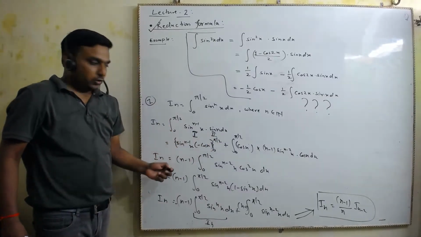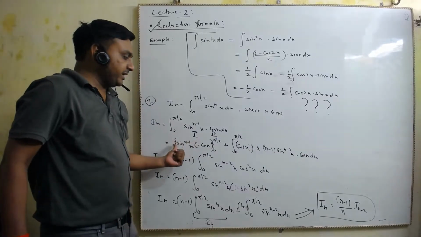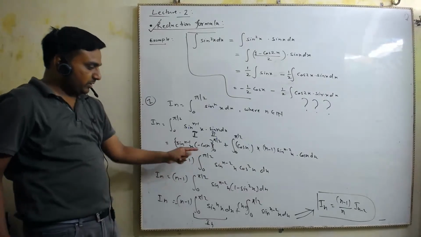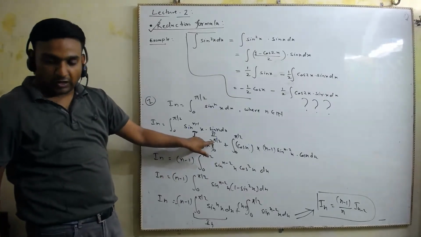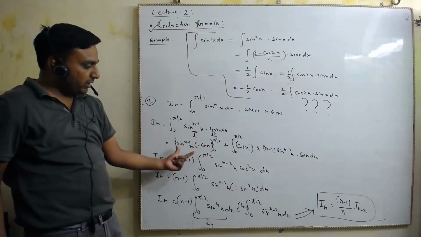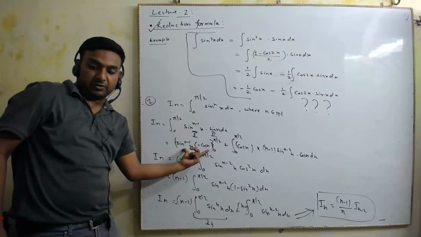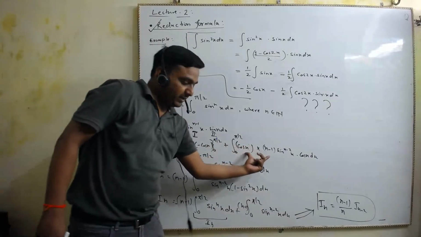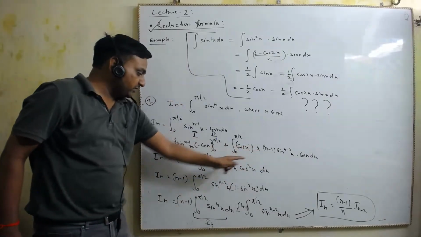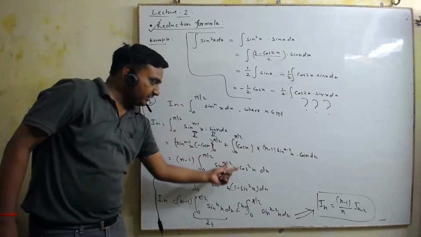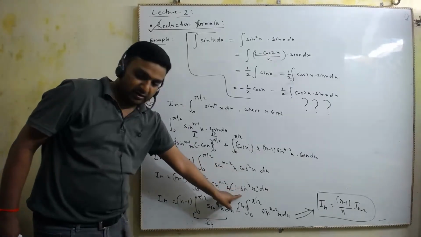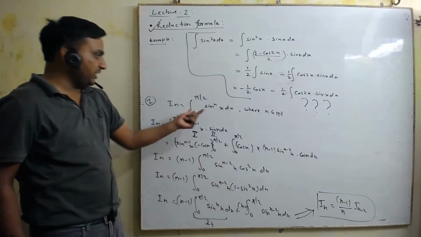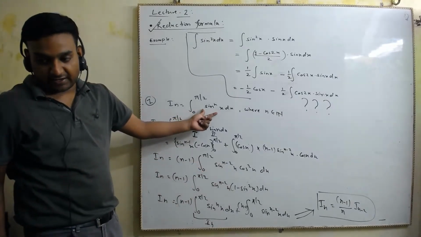Okay, Shibu? So when you applied integration by parts, you got the relation because this term cos pi by 2 is 0 and sin 0 is 0. So this whole term will give you 0 value, right? So this becomes 0. Ultimately, we have this only. So for this expression, I have written this cos square x as 1 minus sin square x so that I can get something related to the given integration.